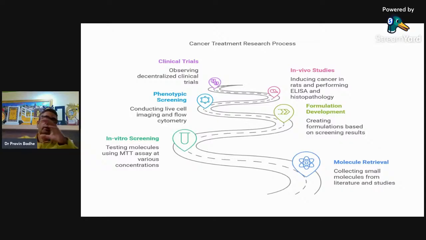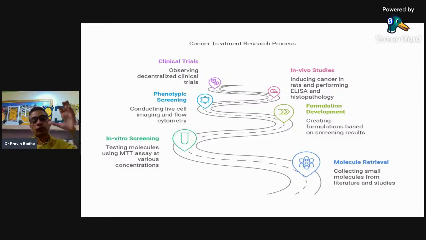Those formulations are then screened in phenotypic models like live cell imaging or even 3D cell models. Once that is done, we go for preclinical studies. And based on the preclinical results, we go for clinical trials, mostly decentralized clinical trials. So this is the pathway which we have already tested.